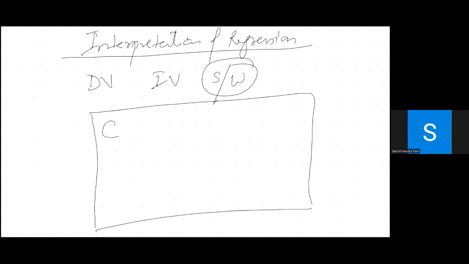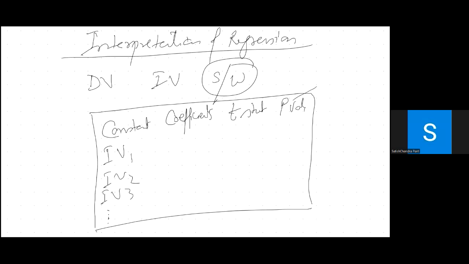This table will have the value of the constant, independent variable 1, independent variable 2, independent variable 3 or more if any, then coefficients, then t statistics, and p value, meaning level of significance, which is usually 5% or a 95% confidence interval, right?